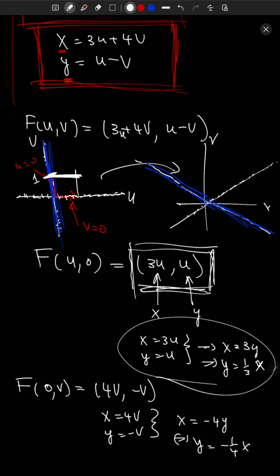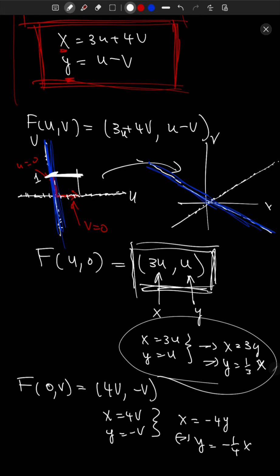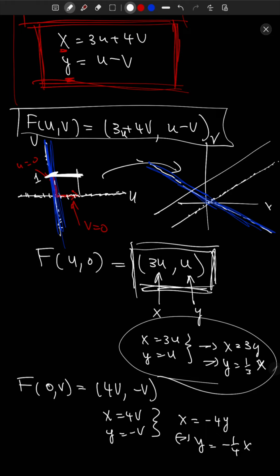What would that correspond to on the right-hand side? Well, you just take your formula again for f, you plug in v equals 1, and you're going to get, again, a line on the right-hand side. It's going to turn out to be a line like that. And if you do this line segment here, it's going to be a line like that. So ultimately what happens is this parallelogram region here corresponds to this rectangular region there.